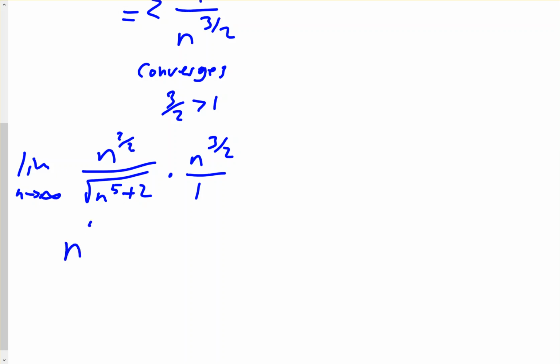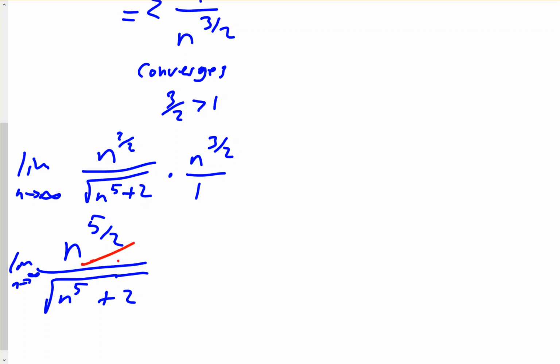So we have n to the 5 over 2 over the square root of n to the 5 plus 2. Okay, still as we take the limit as n approaches infinity. And now we want to divide by n to the 5 over 2.